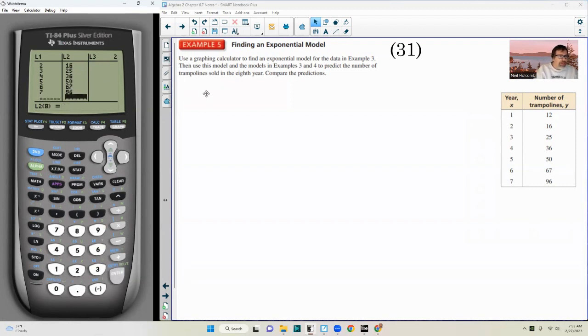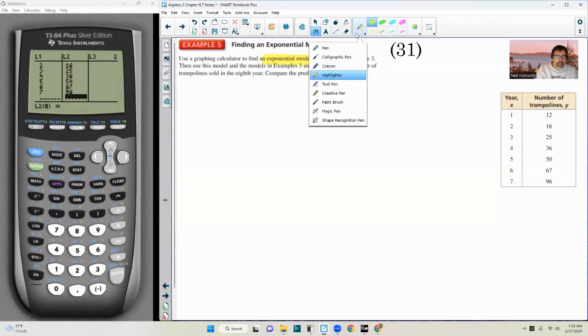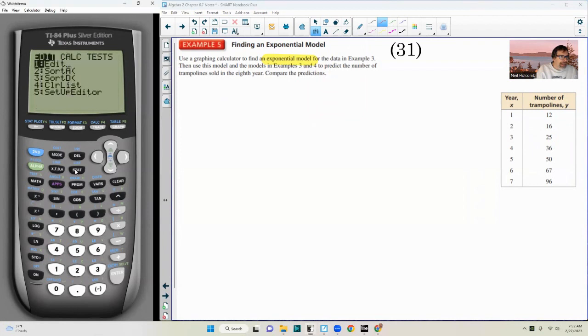And now I want to calculate a regression, okay? So it says use a graphing calculator to find an exponential model. So the first thing I want to do is highlight that. That is what we are trying to do with our calculator. So I'm going to hit stat. Now I arrow over to calculate.